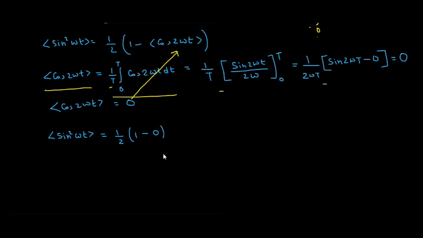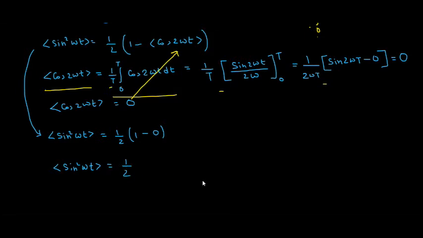Therefore, from where we got this, from here, now we got this value. So mean of sine square omega t is now equal to half.